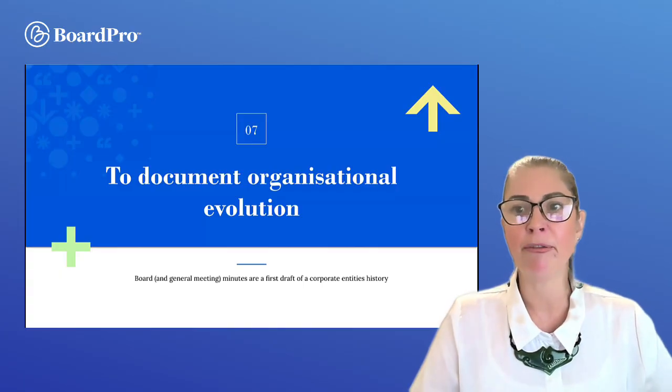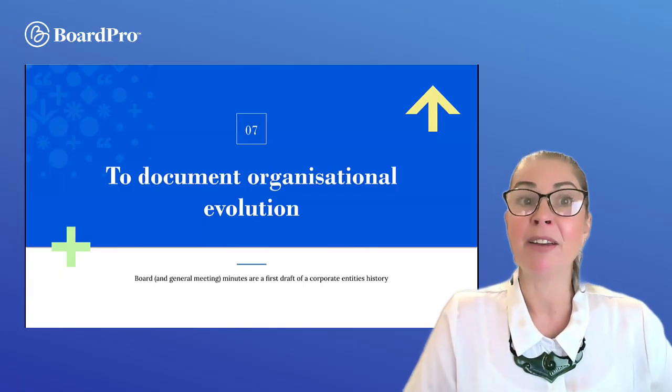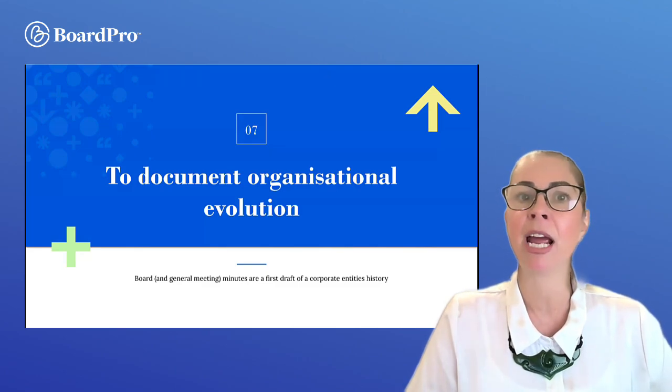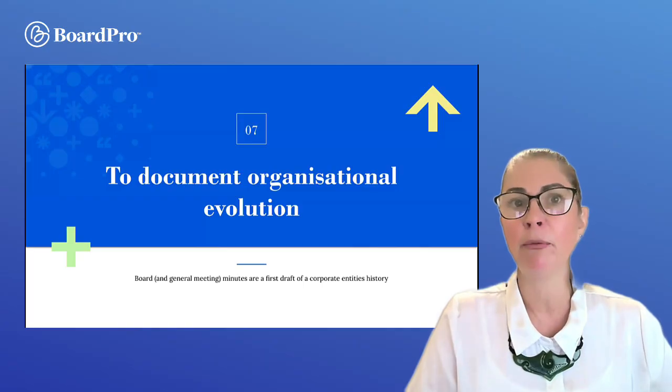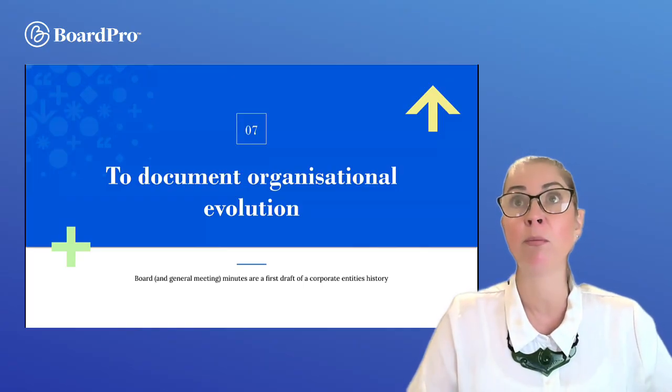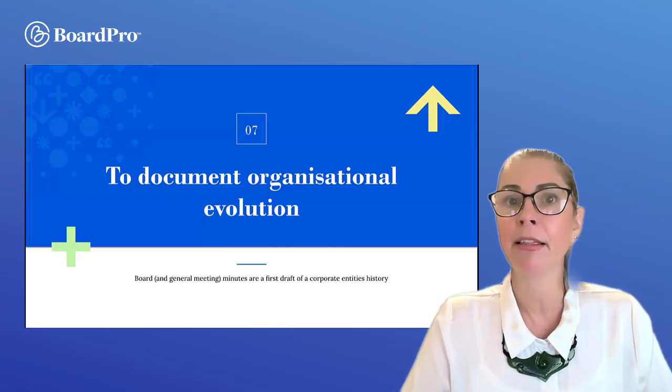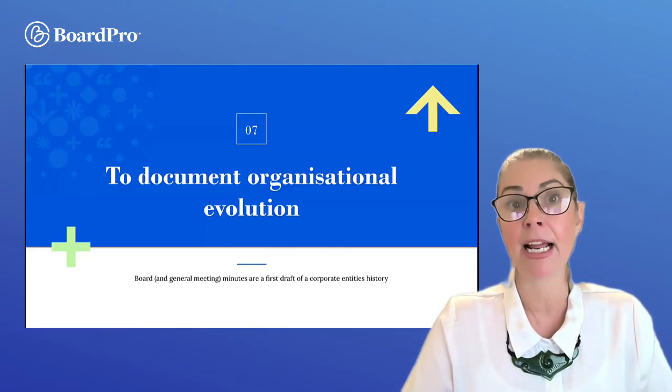In terms of whether they can be used as evidence, absolutely. Anything that is recorded can be used as evidence. You can redact information, so for example, if someone makes an Official Information Act request, you can redact anything that you are legally allowed to.